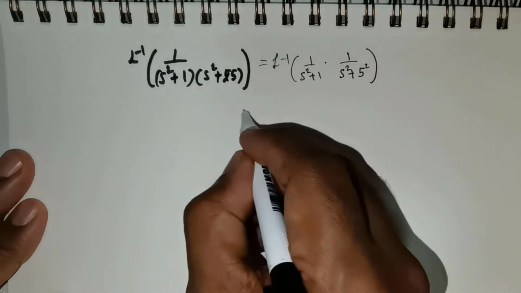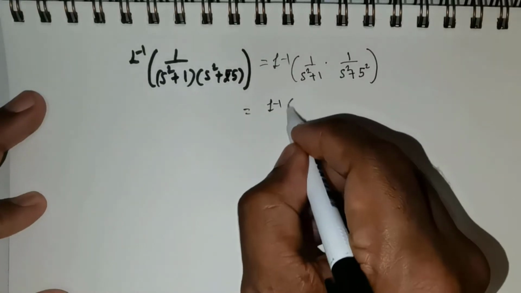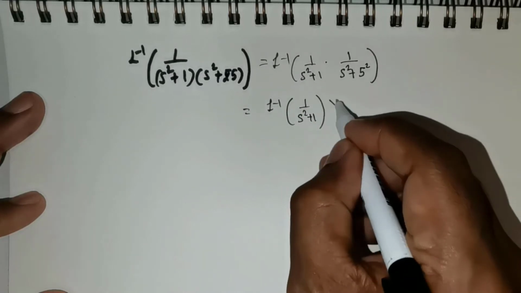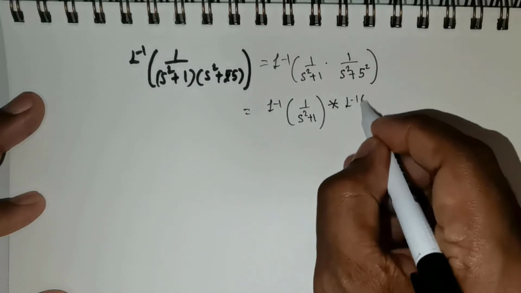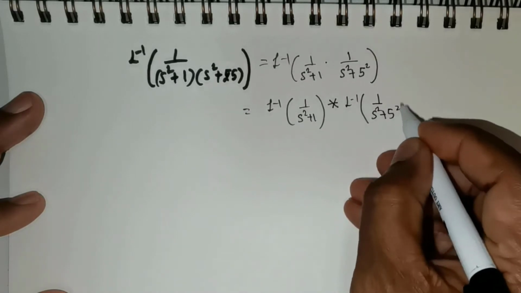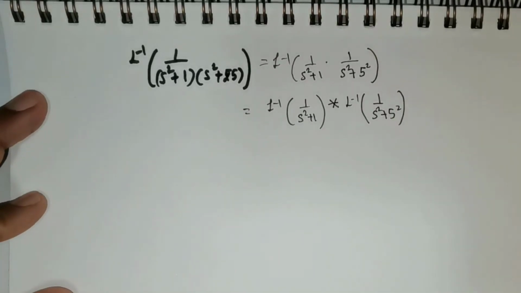Now this can be further rewritten as L inverse of 1 over s squared positive 1 asterisk L inverse of 1 over s squared positive 5 squared. So if I'm able to achieve the convolution of these two quantities, solution is done.